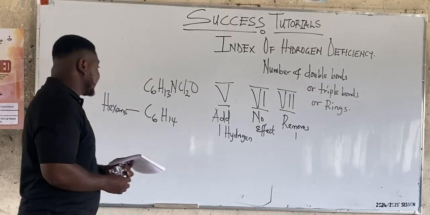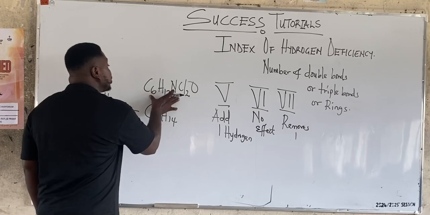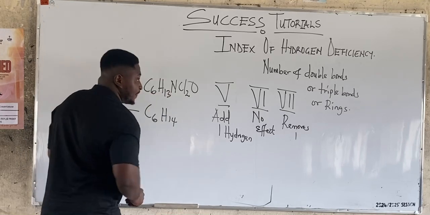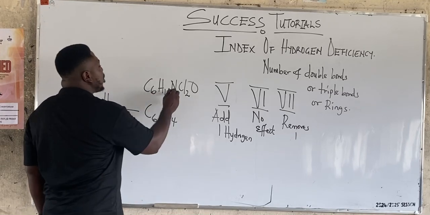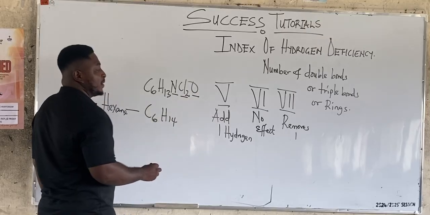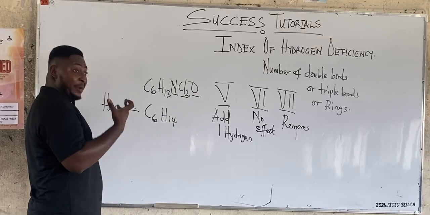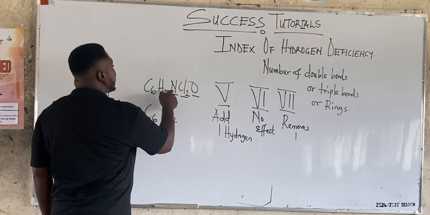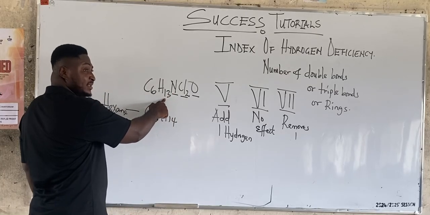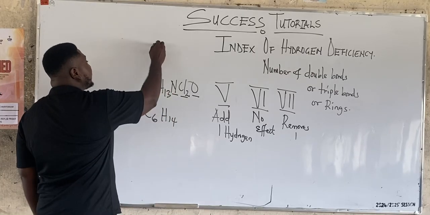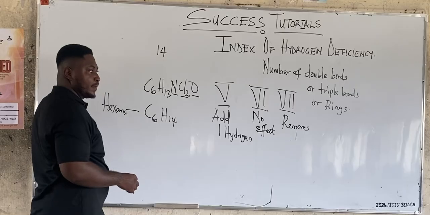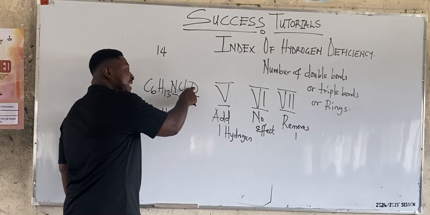So class, if this guy is saturated, he should have 14 hydrogens, but he's having 13. You now also factor in the group members that are here and how they will add or remove hydrogen from him, right? This is a group 5 element, he adds 1 hydrogen, so 13 becomes 14 hydrogens. Oxygen is a group 6 element, it does not have any effect.